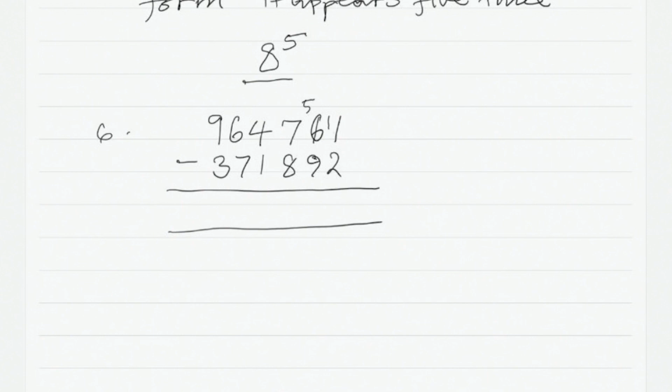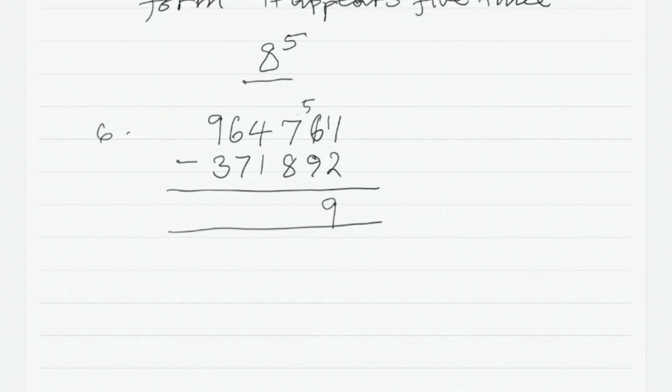Here we remain with 5. Of course, we cannot subtract 9 from 5. So we get 10 from this and change it to tens. So we will have 15. 15 take away 9, it will give us 6.